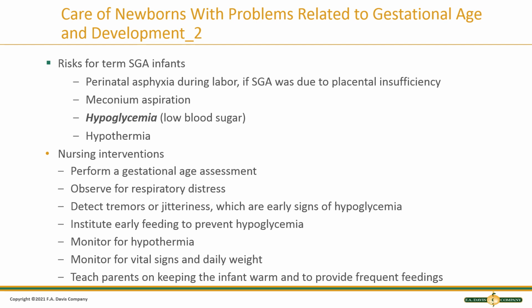We want to make sure we monitor the temperature and the daily weight. We want to teach parents to keep the infant warm and to provide frequent feedings. This is an infant that might need a slow flow nipple if the suck and swallow is not coordinated yet, because we want to make sure they're feeding as well as they can for their size and for their condition.